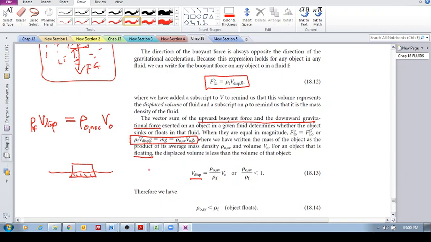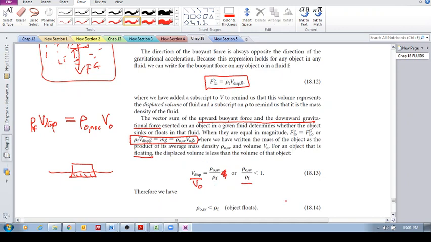If we divide by the object volume, the displaced volume divided by the object volume will be smaller than 1, so that tells us that the density of the object will be less than the density of the fluid. So an object floats when the density of the fluid is greater than the density of the object. But there's another case.